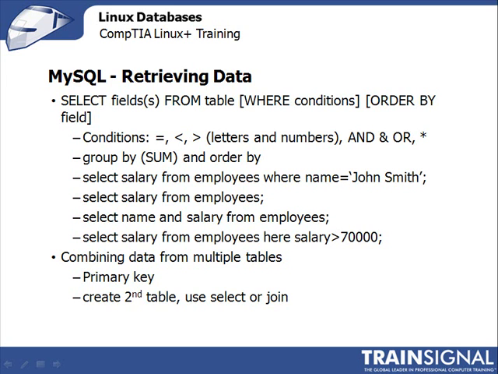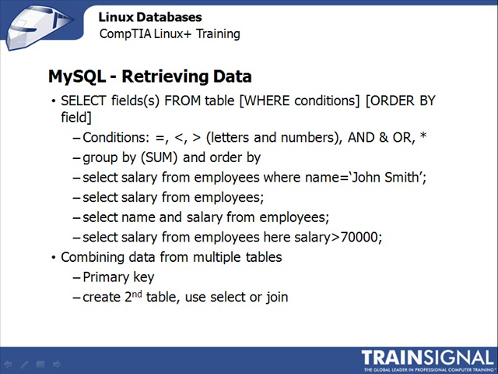For this to happen, both tables will need to have one unique field that identifies each row. That field is called the primary key. For our employees table, the name could serve as the primary key, or if each employee had an ID number, that field might work even better. So, how do you create this new combined table?